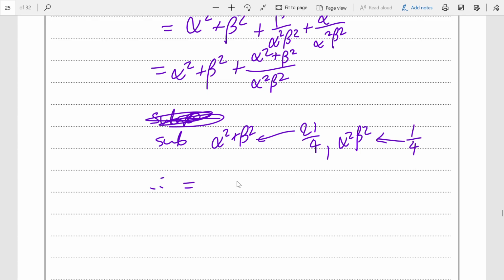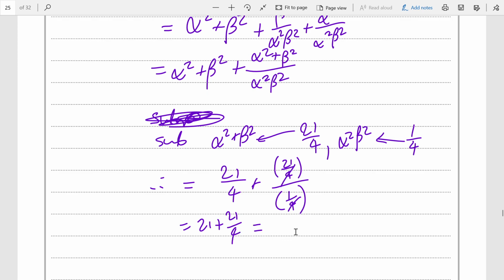And we get that this is equal to 21 over 4 plus 21 over 4 divided by 1 over 4. And these divided by 4's cancel out, so we're just left with 21 over 1, which is 21. So it's 21 plus 21 over 4. And this is 5 1/4. So this is equal to 26 1/4, or 105 divided by 4.